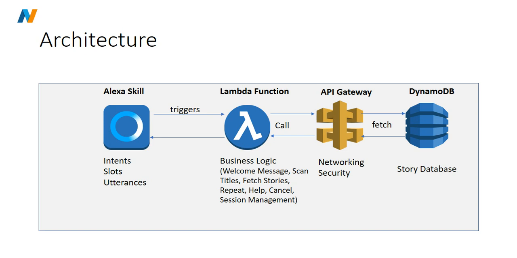Purposefully, I've left out many components which I've used for the actual software, but I've laid out four major components which we have used from AWS. On the left-hand side, you have the Alexa skill, which has the intents, slots, and utterances, and basically gives inputs to the natural language understanding and speech recognition modules.